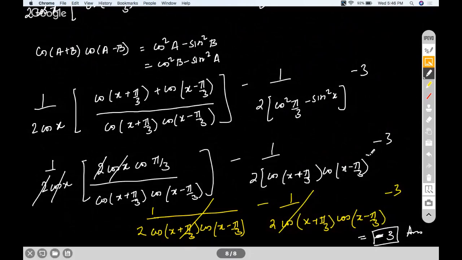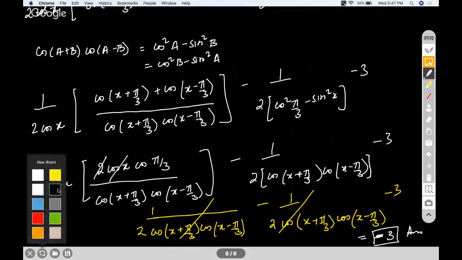Very good question. Can come in your UTs, but it's very lengthy actually. Please make a note of this.